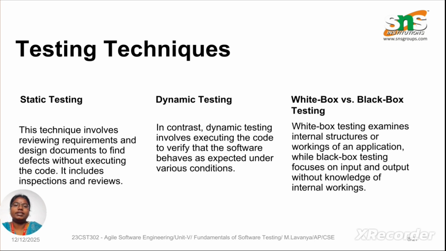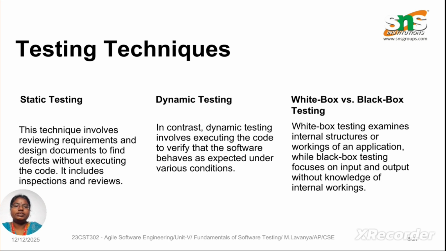Other than that, just an inspection or review of the software process will be done, and with that we can ensure that the software is developed to meet its requirements partially. This is the main goal of static testing.